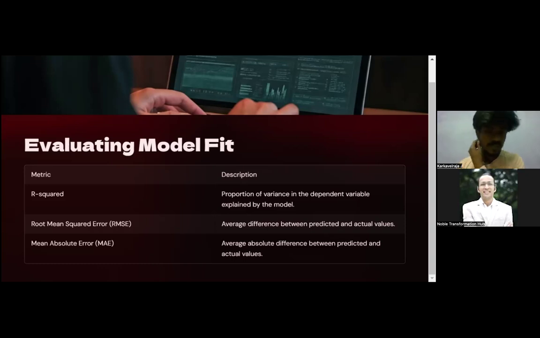Today's session is a continuation of the previous session, which was all about linear regression. We looked into what linear regression is, what the formula for linear regression is, and what assumptions we need. If you attended the previous session, then when I say linear regression, something should be in your mind. Just post it in the comments.